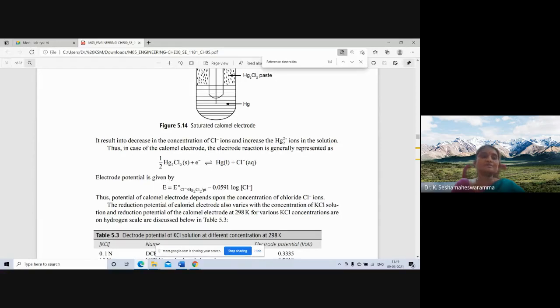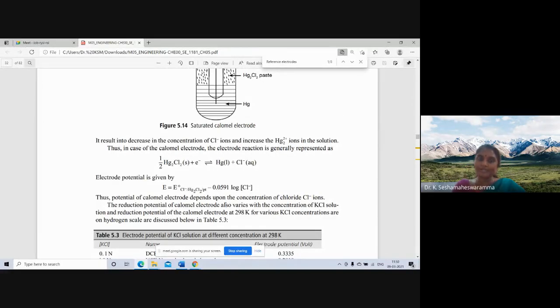While we are explaining the Nernst equation, we will explain clearly what the Nernst equation is and how we can determine the electrode potential. The potential of calomel electrode depends upon the concentration of chloride ions present in that particular solution.